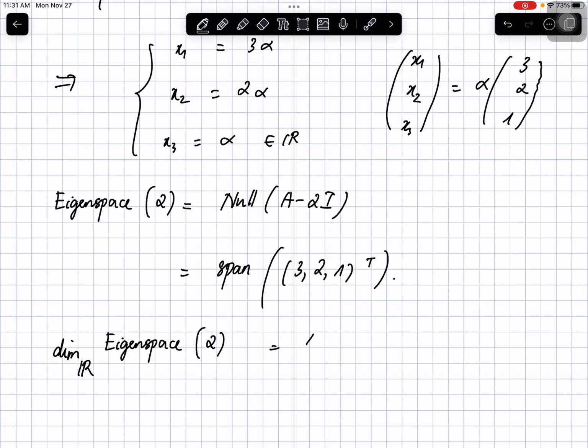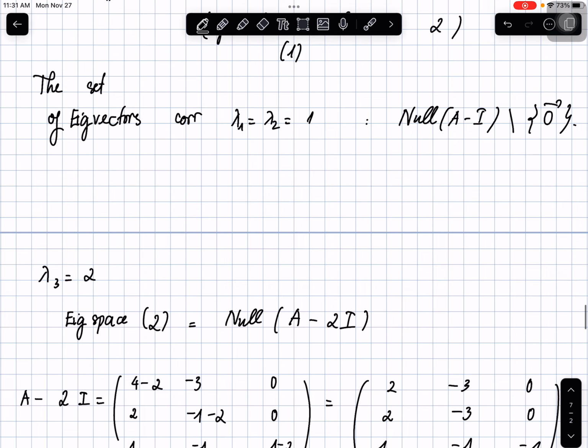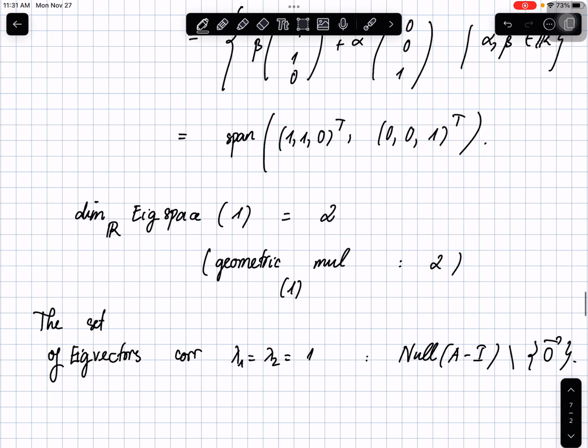The dimension of the eigenspace corresponding to this is 1. So the geometric multiplicity of 2 is 1, right? It's the same as the algebraic multiplicity. And here also it's the same as the algebraic multiplicity of 1, right?